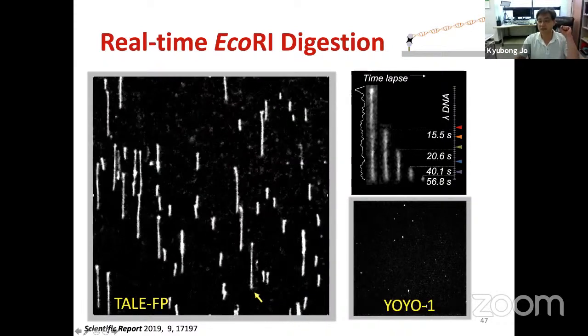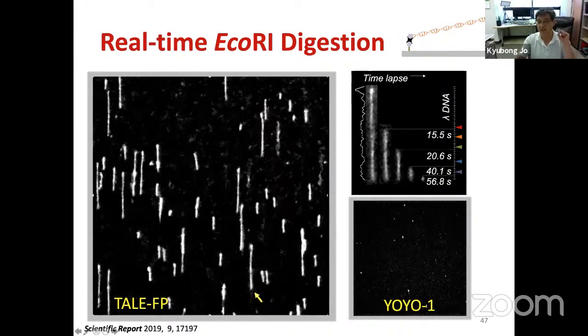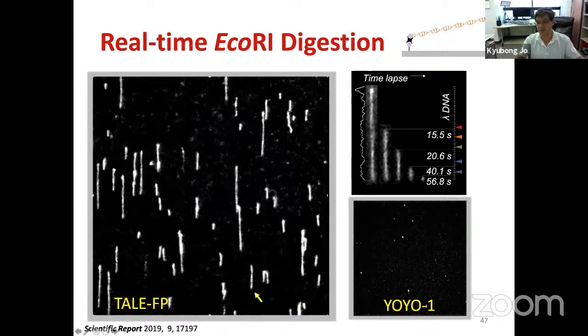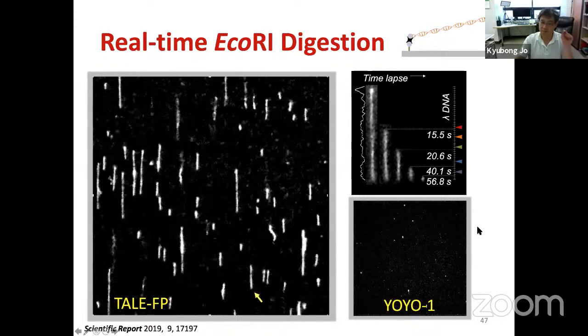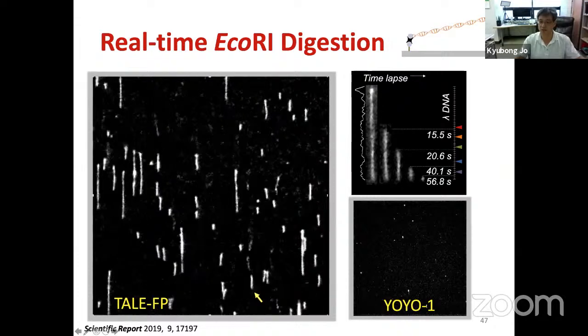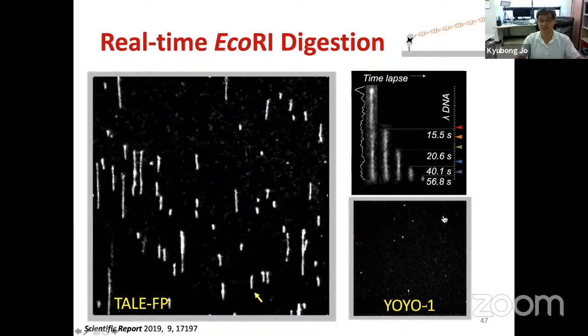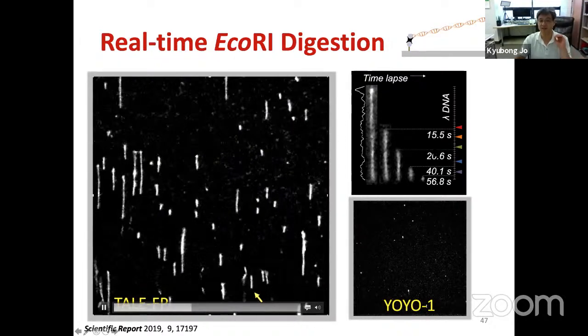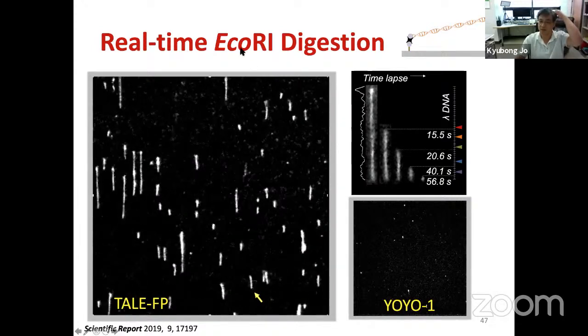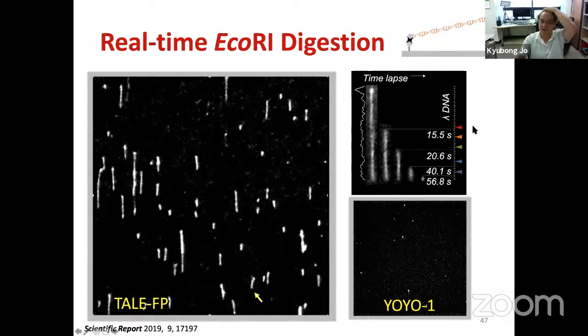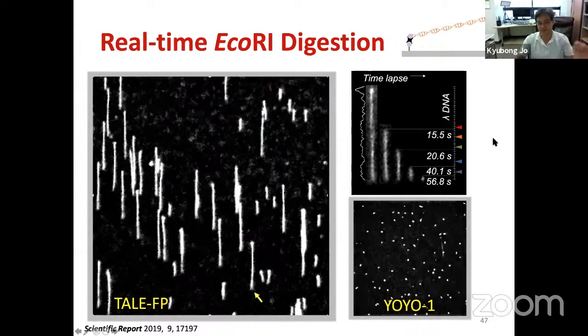It cuts at the expected positions, like in this figure. So we monitor which side of a molecule is digested. I think this is a very useful tool for monitoring restriction enzyme digestion.